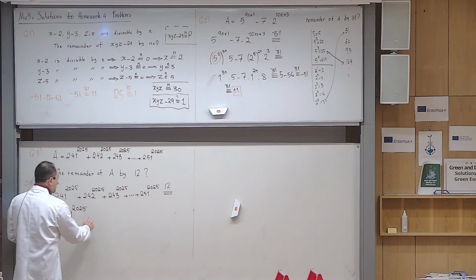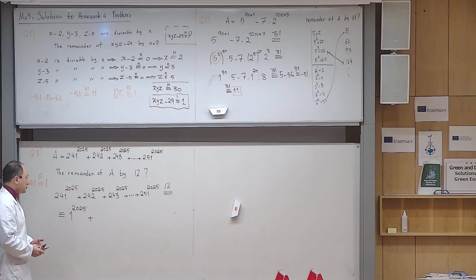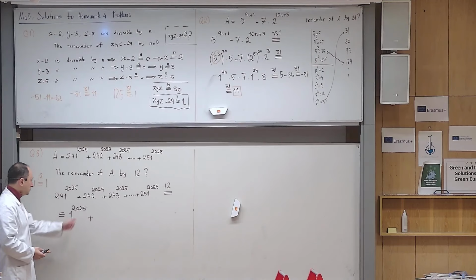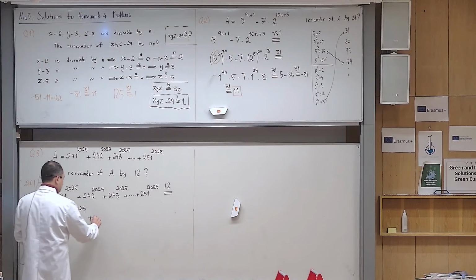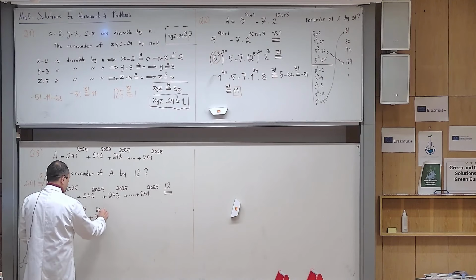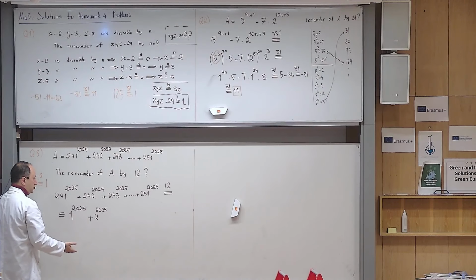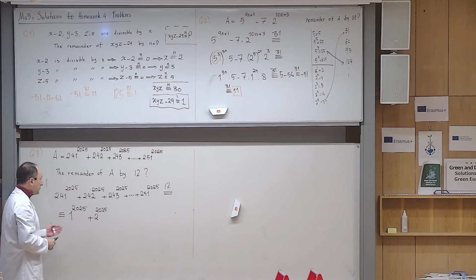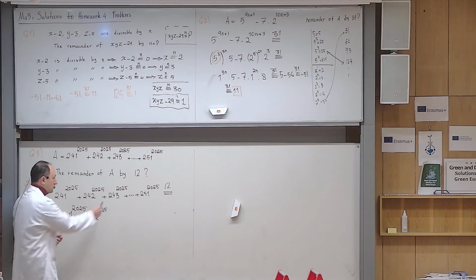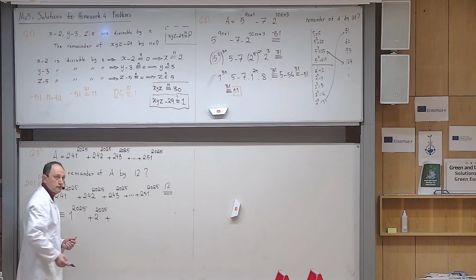Okay, but the next one becomes very clear now. Yes, what can I write for this one? What? I can write 2, yes. Why is that? Again, 242 minus 2 is 240, and 240 is divisible by 12. Okay? So then, of course, it becomes clear. Yes, what is the next one? 243.